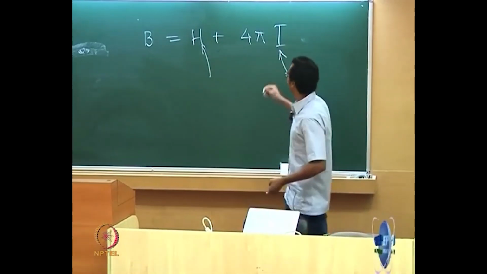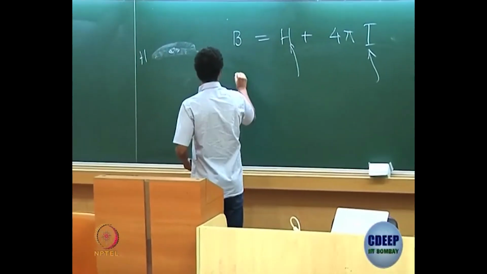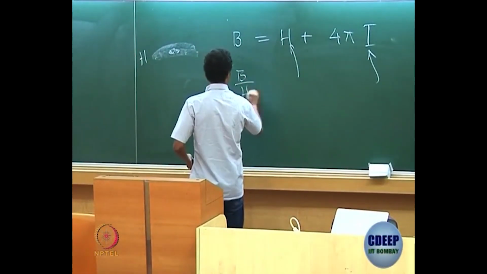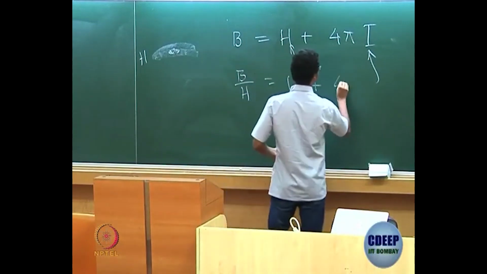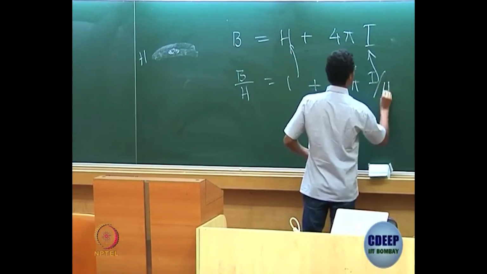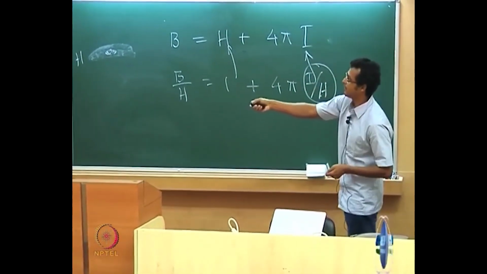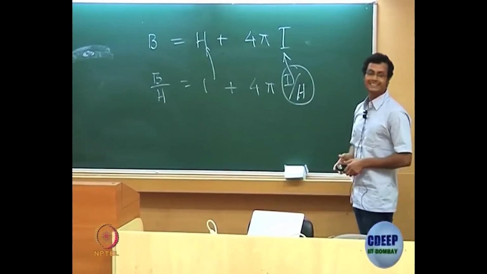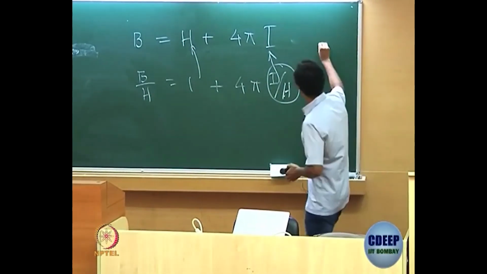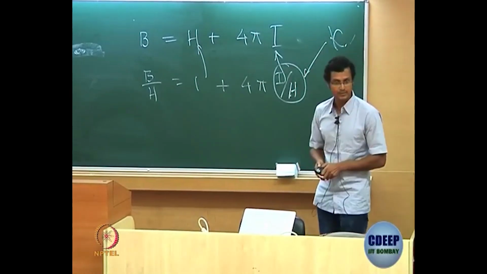That is how quickly or how greatly it can orient with respect to that magnetic field. Now if you do the math, B by H will be 4 pi I by H, right? This term is called kappa, the magnetic susceptibility.